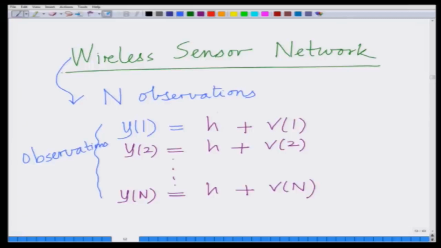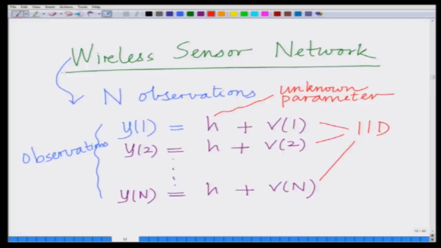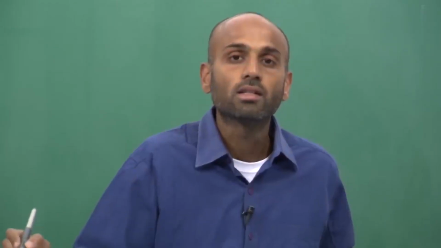H is the unknown parameter, and these v1, v2, vn are IID, that is, independent, identically distributed Gaussian noise samples with mean 0 and variance sigma square.